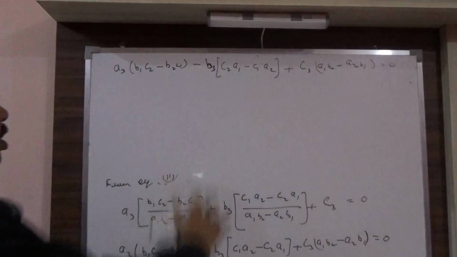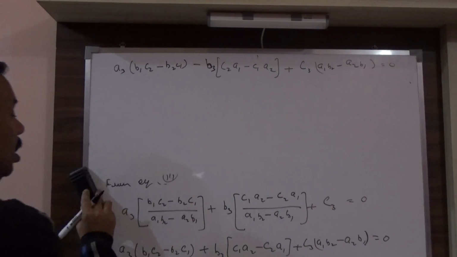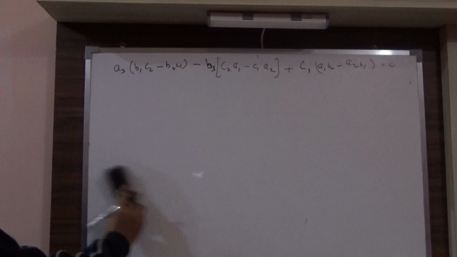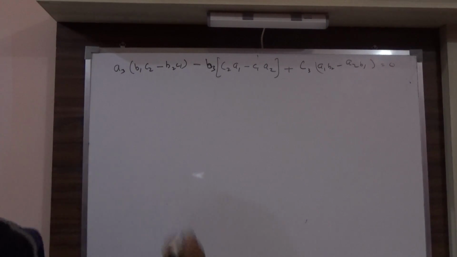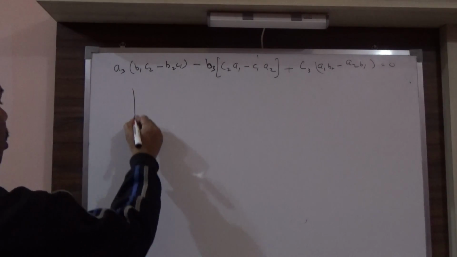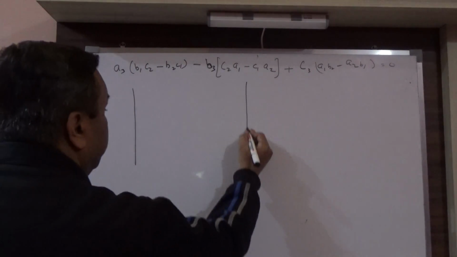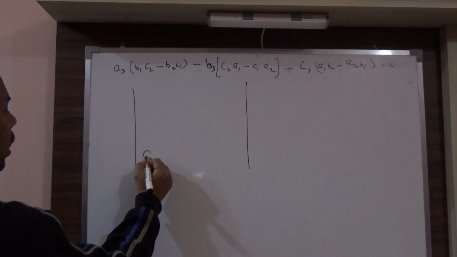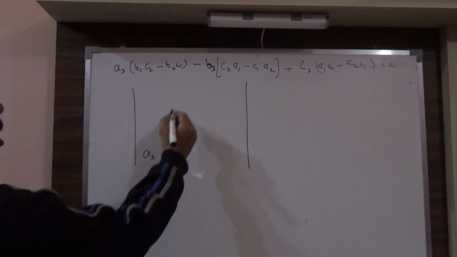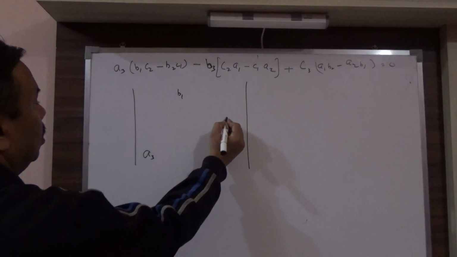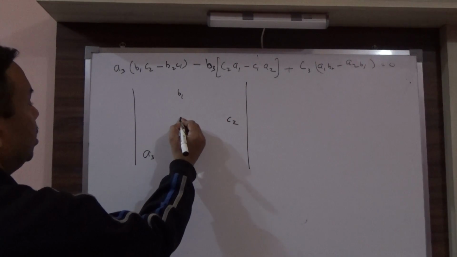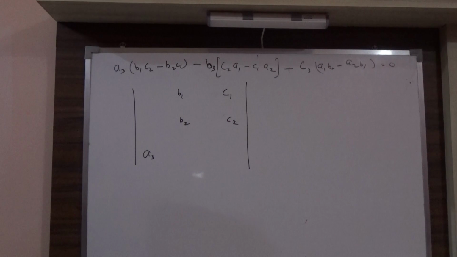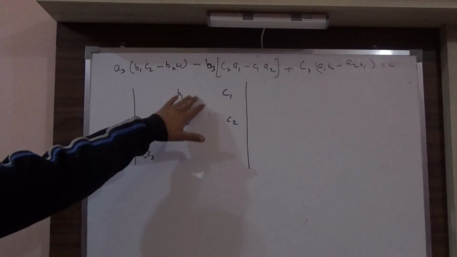Now you see, what is this? If I write it in the determinant form, what becomes? First is A3 multiplied by (B1C2 minus B2C1).